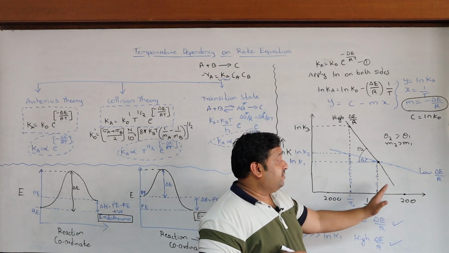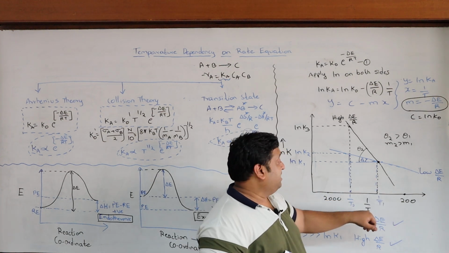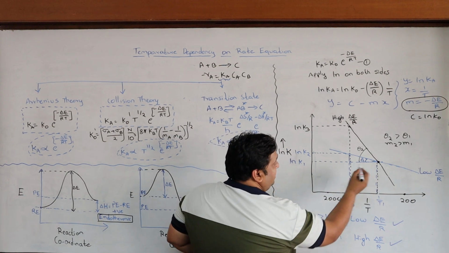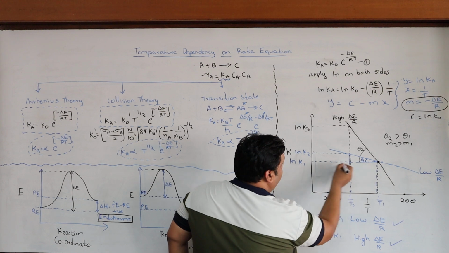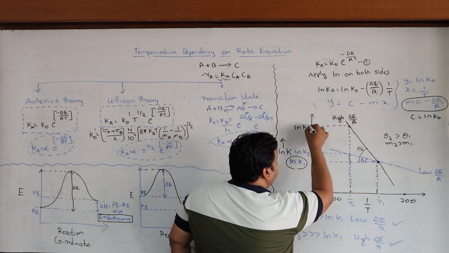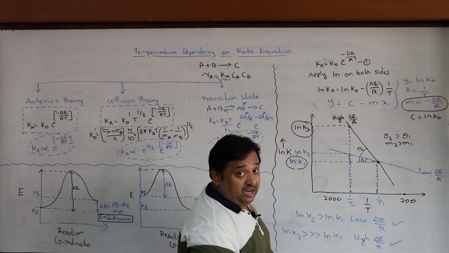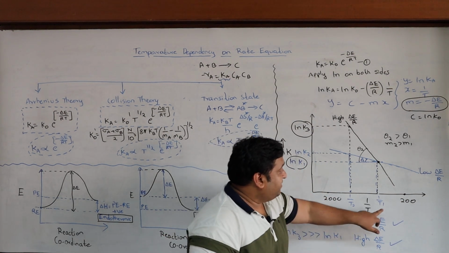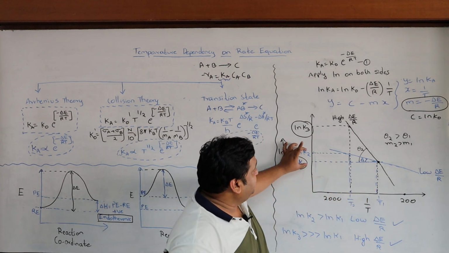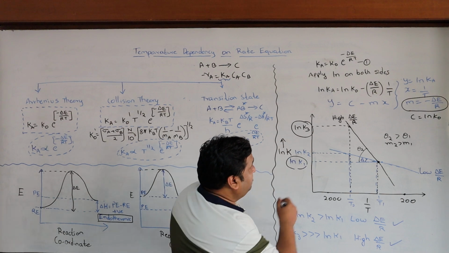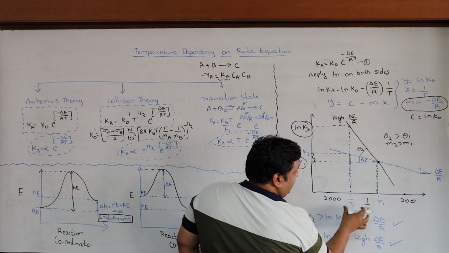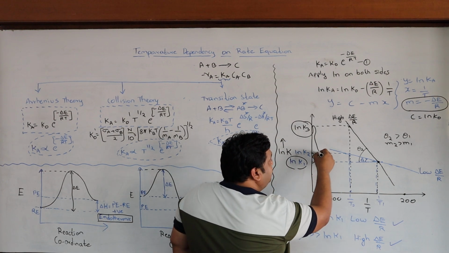For the same temperature difference from T1 to T2, the black line starts at ln K1 at temperature T1 and reaches ln K3 at temperature T2. You can see that for the low activation energy line, the rise is only this much, while for the high activation energy line, the rise is this much.